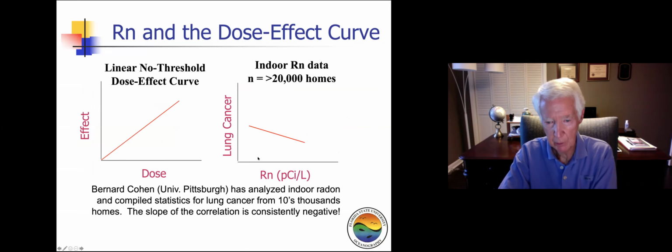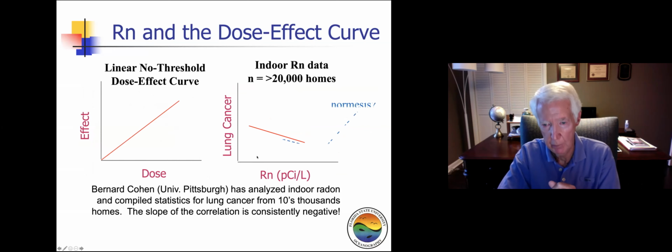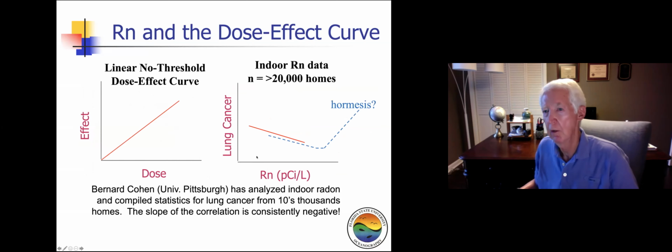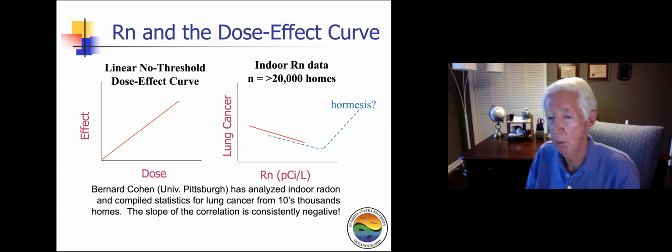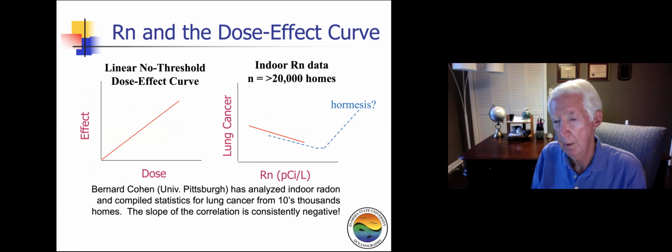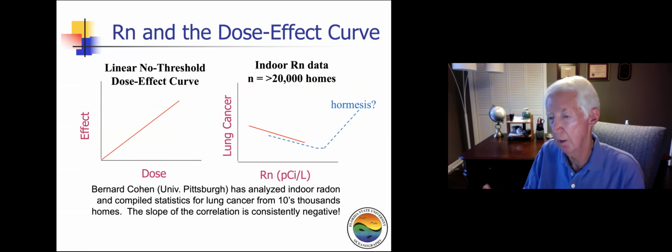So one possibility is that perhaps this is following the hormesis model, and that Cohen's data is only looking at one part of the data. It's all environmental.